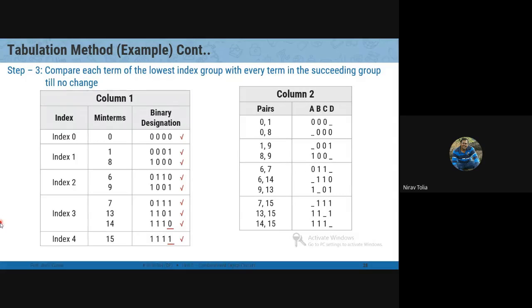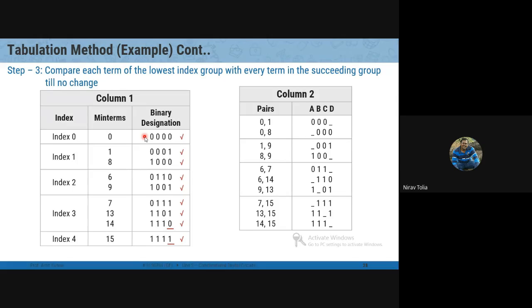See, in the example, first we have to make column 1. So we have to arrange all the minterms which are given in the example index-wise: index 0, index 1, index 2, index 3 and index 4. And how do we arrange those? We have to convert those into binary. In the binary representation, those which have only one 1 are in index 1.